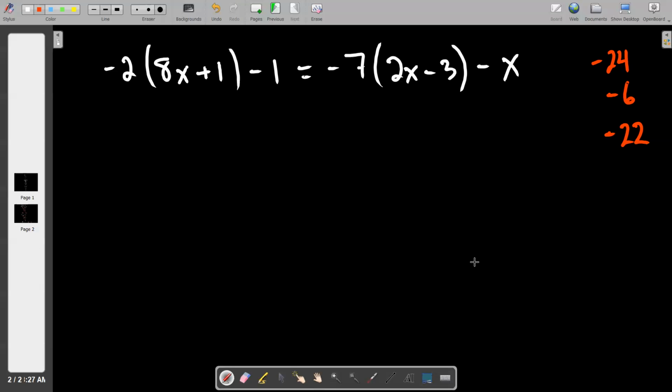I feel like this one becomes a 4-step equation. And if you know why, I believe that at the end, when you put your x's together, you just get 1x or just x, which means that dividing is something we won't have to do. So we're going to have a distribute step, a combine like terms step, a get the x's together step, and a get the numbers together step.